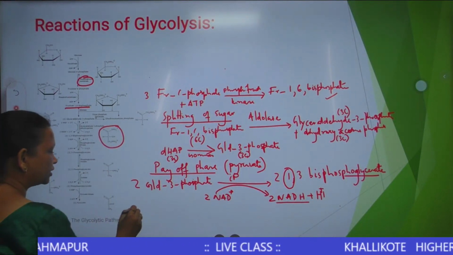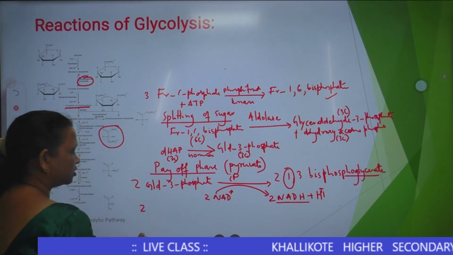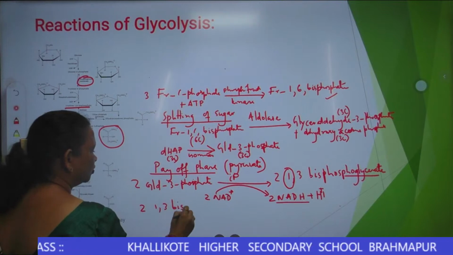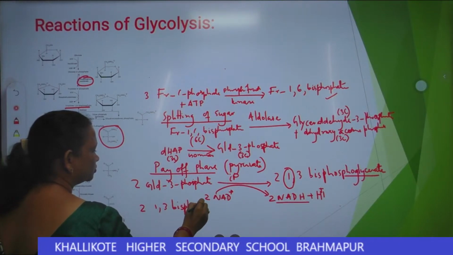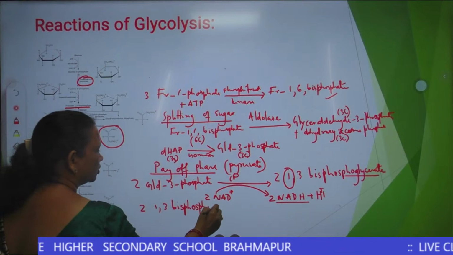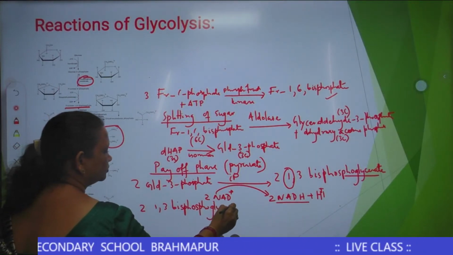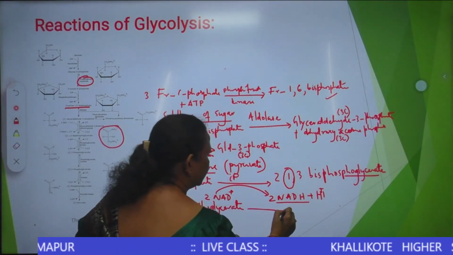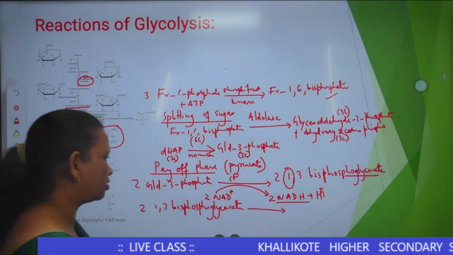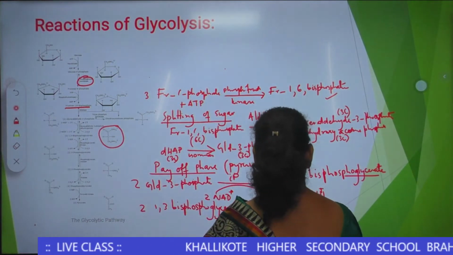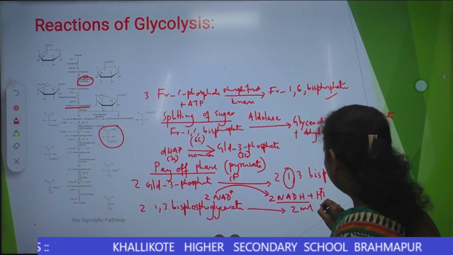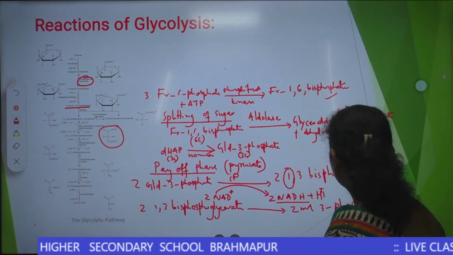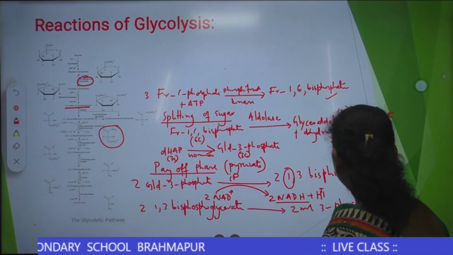So, the next reaction will be 2 molecules of 1,3-bisphosphoglycerate getting converted into 2 molecules of 3-phosphoglycerate.